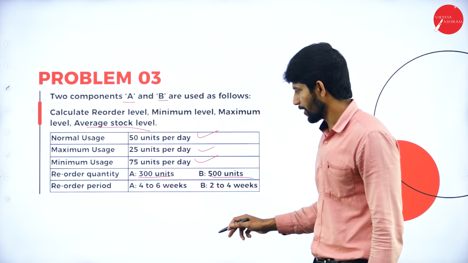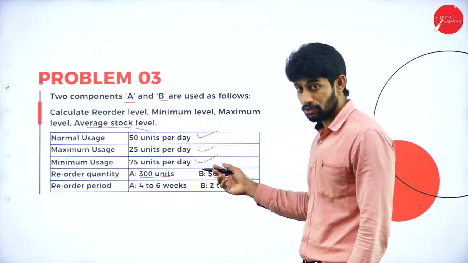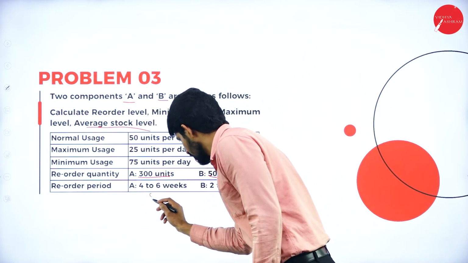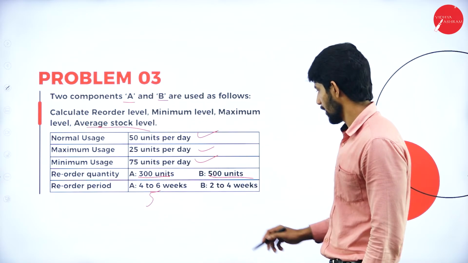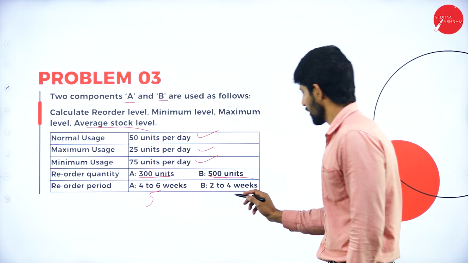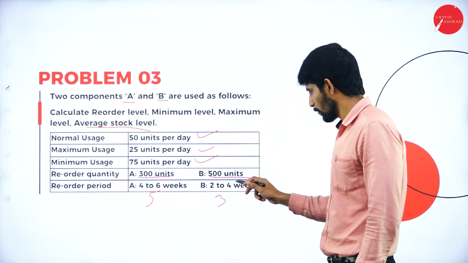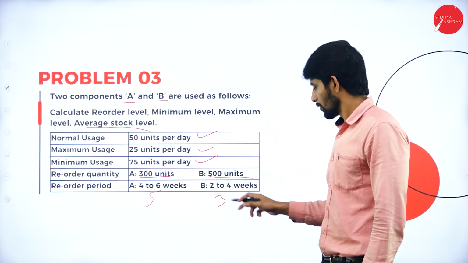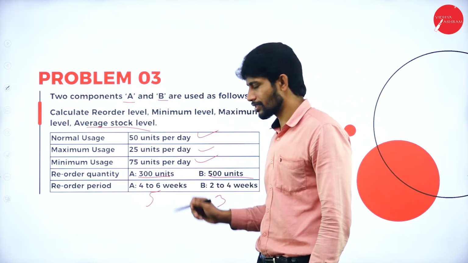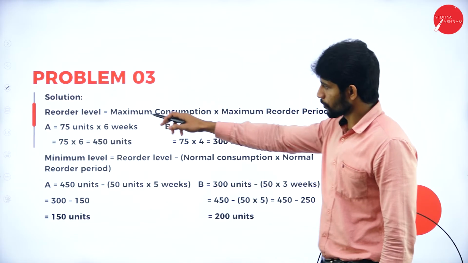Reorder period for component A is 4 to 6 weeks, so normal is 5 weeks. For component B, 2 to 4 weeks, you will get 3 weeks as the normal reorder period, because 2 plus 4 is 6 divided by 2 gives 3. Here 4 plus 6 is 10 divided by 2 is 5.